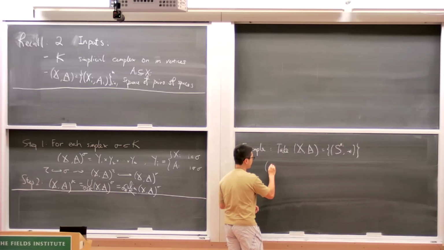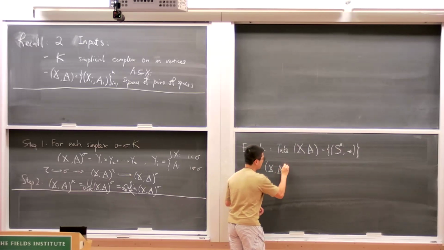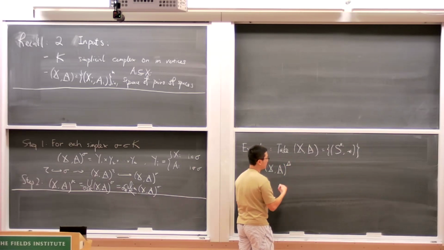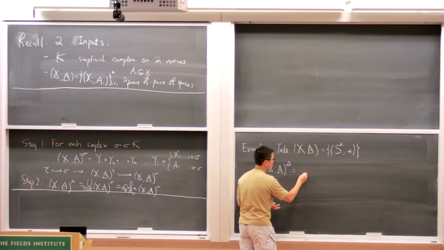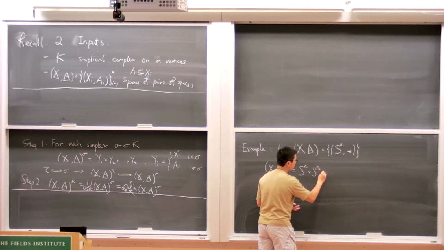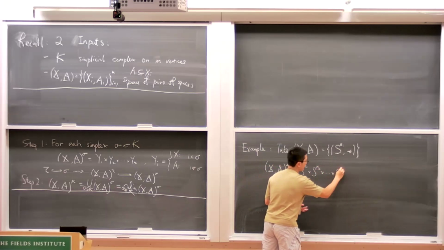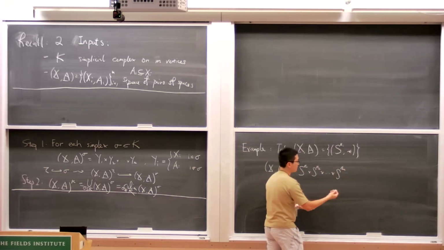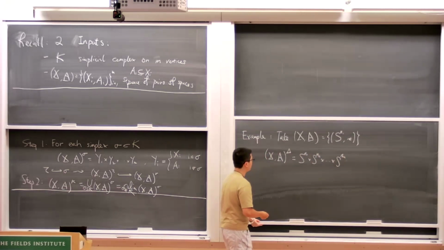Then if we look at the polyhedral product of (X, A) corresponding to the full simplex on m points, everyone knows that it will be just the product of spheres, S^{n_1} times S^{n_2} times up to S^{n_m}.